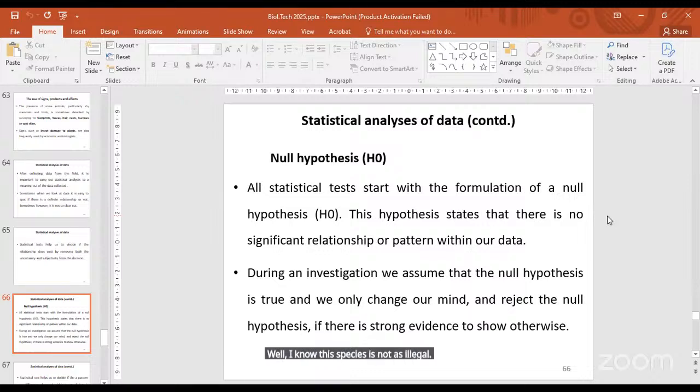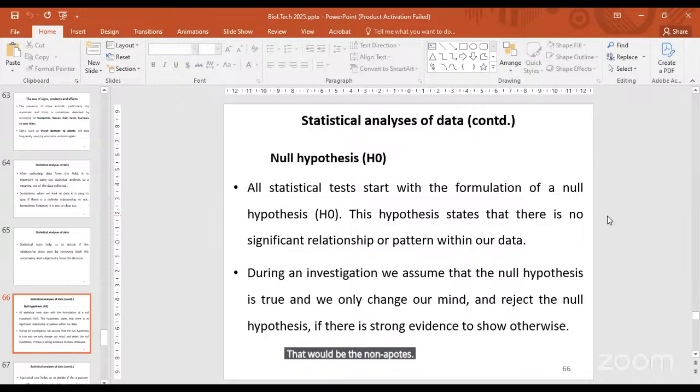Now, you go to that pond. You want to see this pond. Do we have tilapia zilli or any species in this pond? What will be your null hypothesis? Your null hypothesis or H naught will be, oh, in this pond, there is no tilapia fish. That would be the null hypothesis.